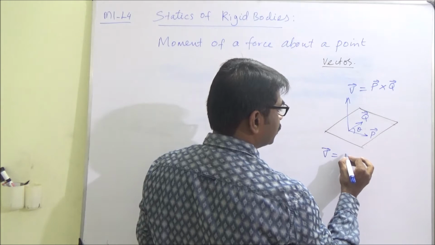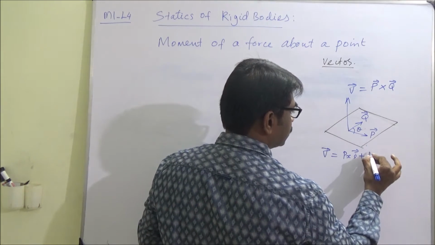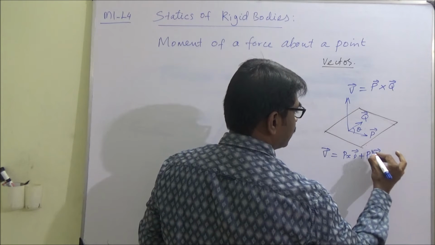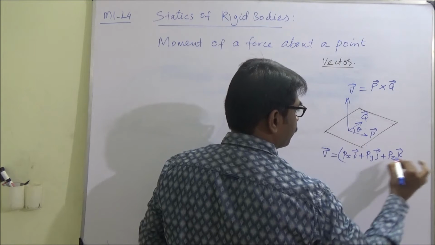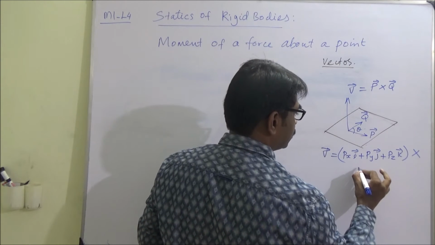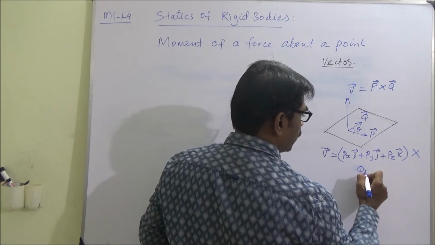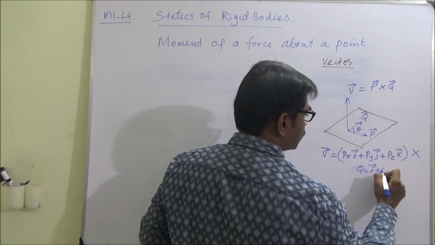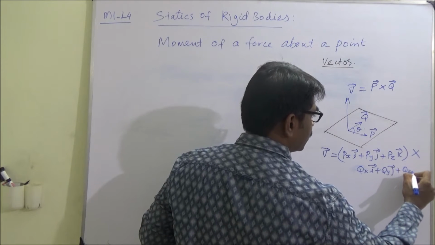Now if we write in terms of rectangular coordinates, Px i vector plus Py j vector plus Pz k vector, cross Qx i vector plus Qy j vector plus Qz k vector.